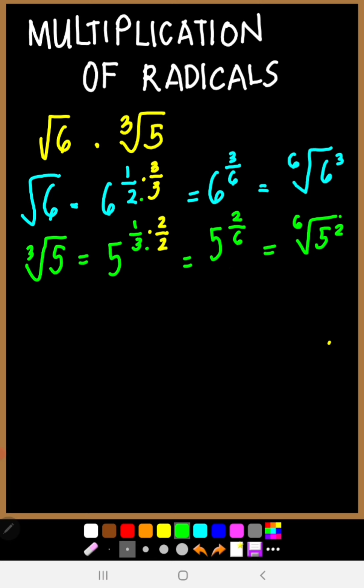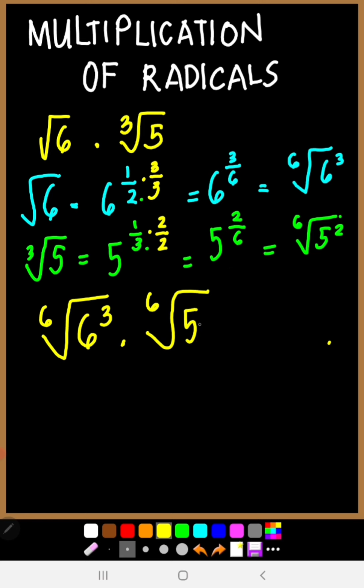So, ito yung gagamitin natin pag magmumultiply na tayo. So, 6th root of 6 cube times 6th root of 5 squared. Okay.